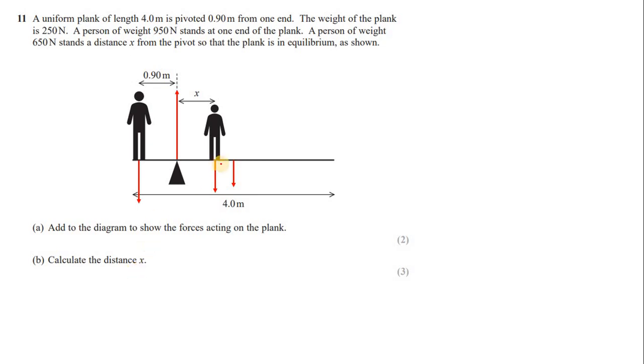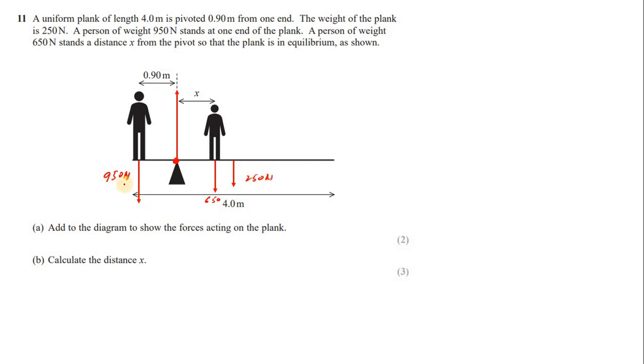So it is a typical question of moment because we know that it is in equilibrium and we have a pivot. So we have clockwise and anti-clockwise moment. If you see, this is the pivot, and one force is acting on the left side of the pivot and 2 forces acting on the right side. With reference to the pivot, this is the 950 Newton force, this is 650, this is the 250 Newton force.